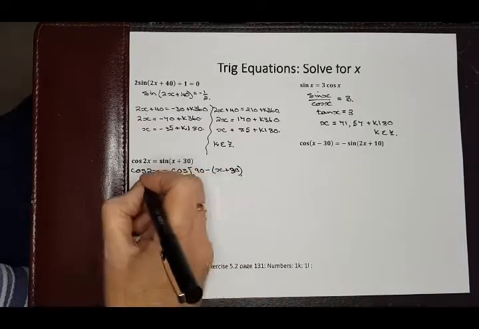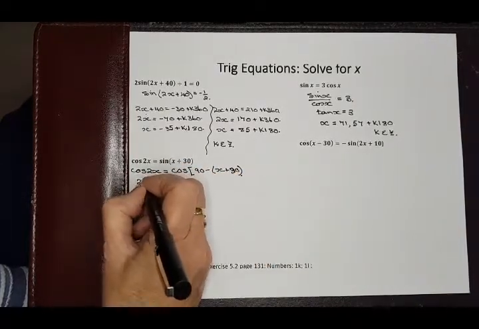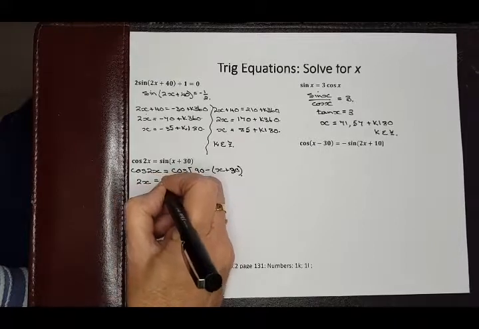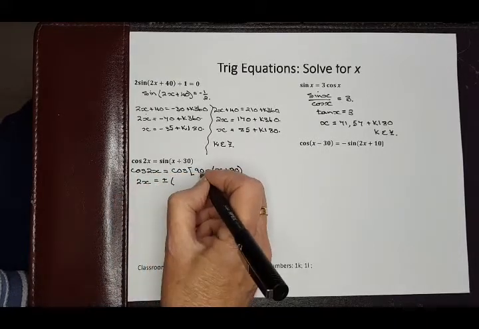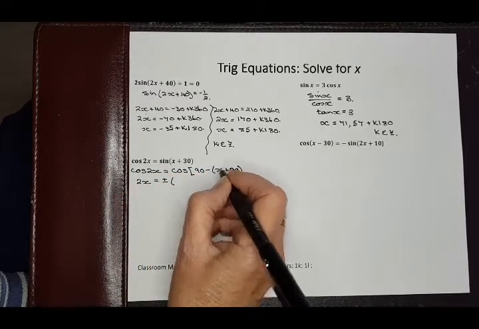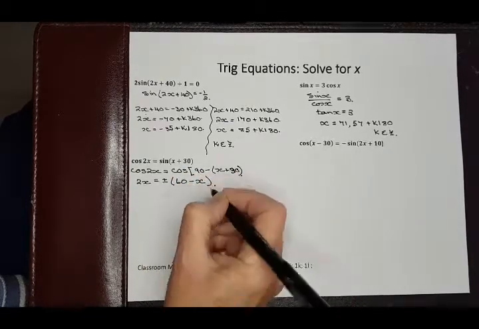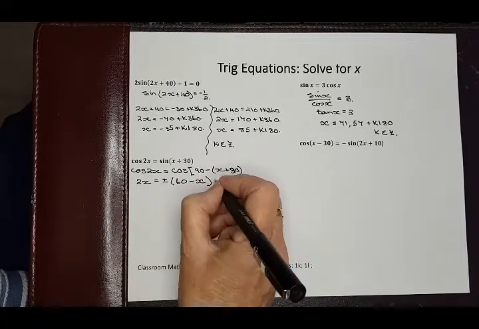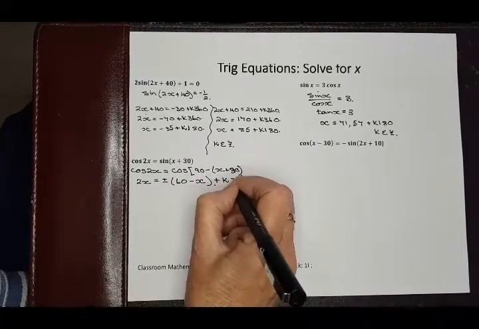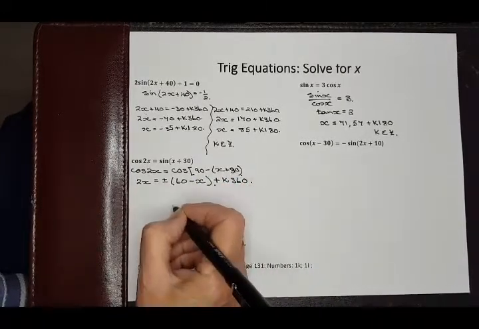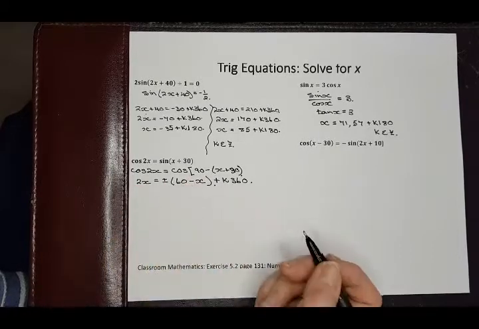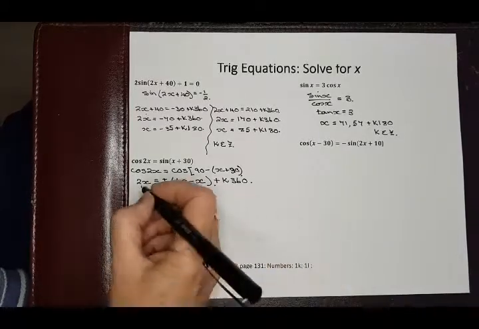All right, this means that 2x is equal to plus or minus (90 - x - 30). You must split that up and solve 2 separate equations. You can't solve plus minus that bracket in one go.